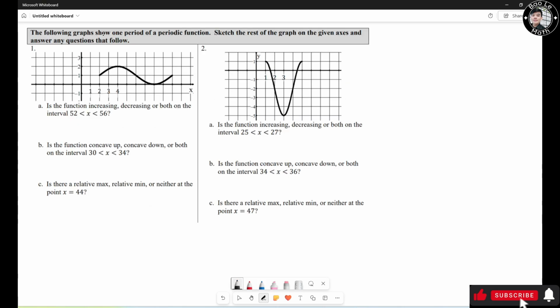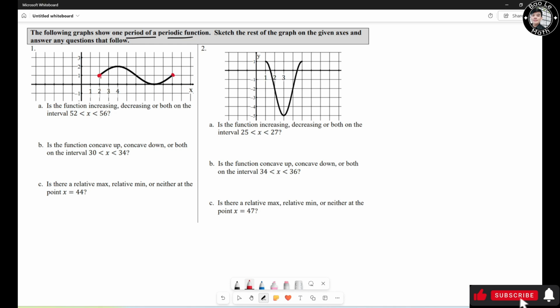The following graphs show one period of the periodic function. We need to sketch the rest of the graph, so we need to find the period first. We start from here, and then we end up right here.